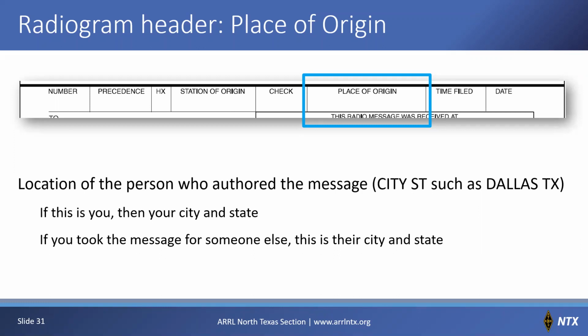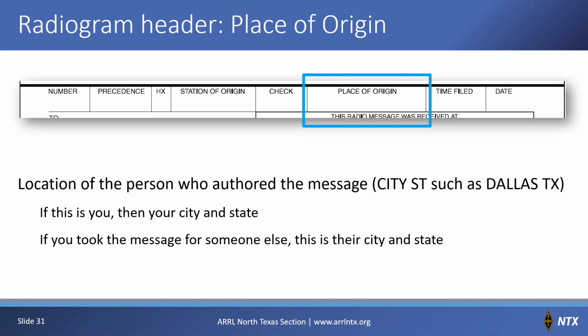The place of origin is Fort Worth. Even though I'm in Dallas and I'm filling it out for the first time, the person that's authoring that message is in Fort Worth. Fort Worth goes in this box. How can this help? Well, if I'm sending a message from Methodist Hospital, which Methodist hospital? Is it the one in Dallas or is it the one in Fort Worth?